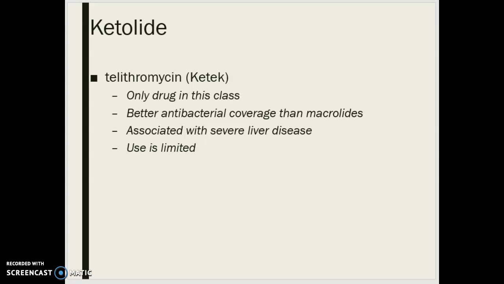Chemically, telithromycin is designated as a type of erythromycin, but it's a ketolide and it differs from the macrolides, the group that we just studied, because it lacks a particular chemical, L-cladinose, at a position in that erythronolide ring.